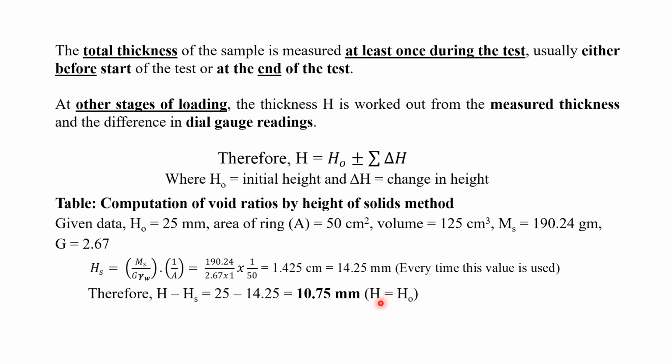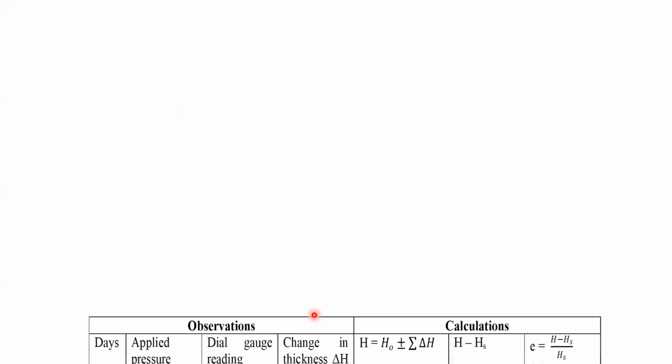H is equal to H0 means this is the initial height, 25 millimeter, of the sample. Whatever dial gauge reading you take, you are going to use it, so we also have to know the least count for calculating the values in millimeter. The least count of the dial gauge is equal to 0.01 millimeter.